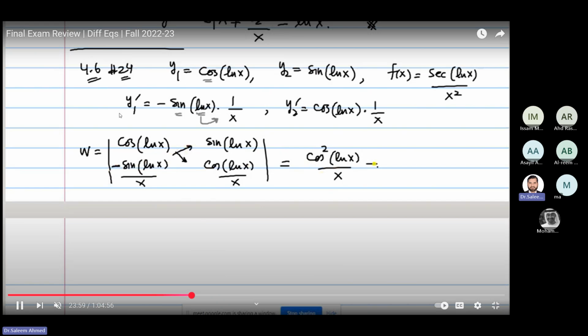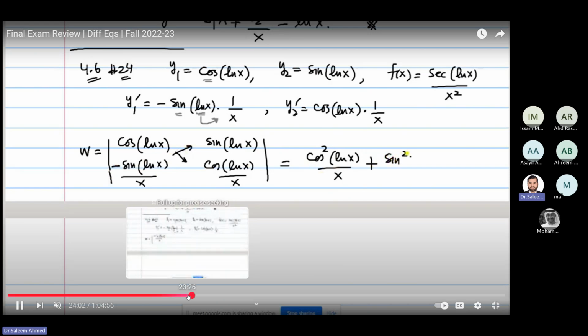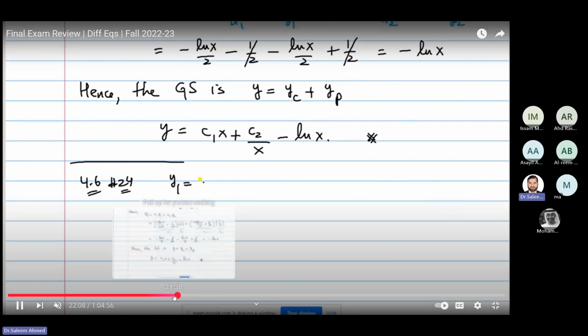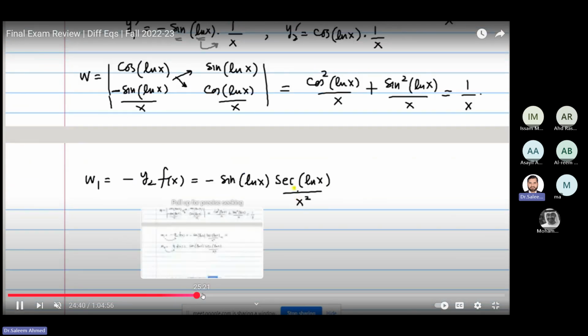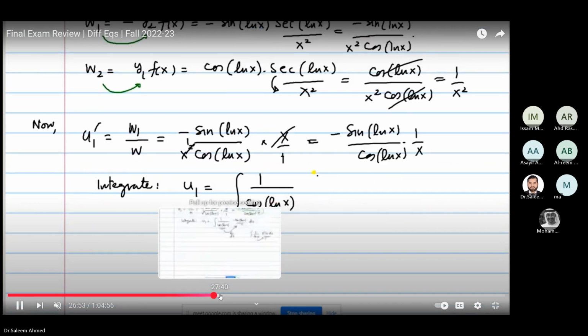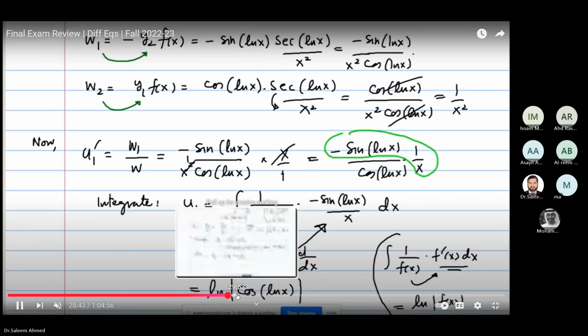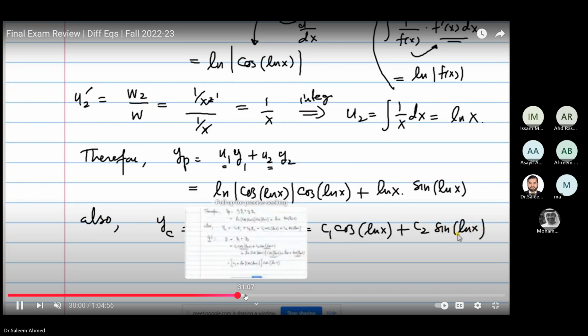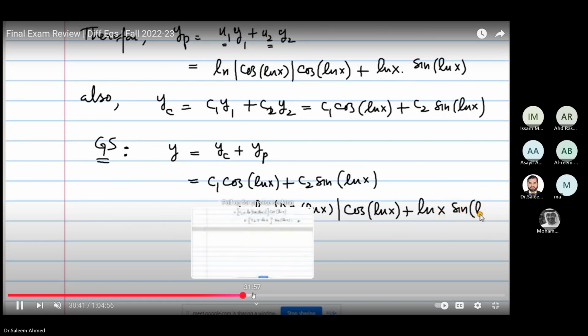So you can see this one, 4.6 number 24. I think it's from minute 22 to 30.